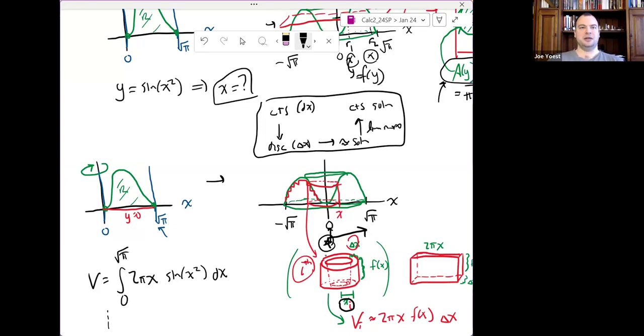So things like finding the average value of a function, or finding the work done in moving such a thing from here to here. We'll do a very similar process. We'll have a continuous question, we'll discretize it, solve it in the discrete world, take a limit to move it back to the continuous world. So we'll see this even more fundamental strategy over and over several times in Calc 2.